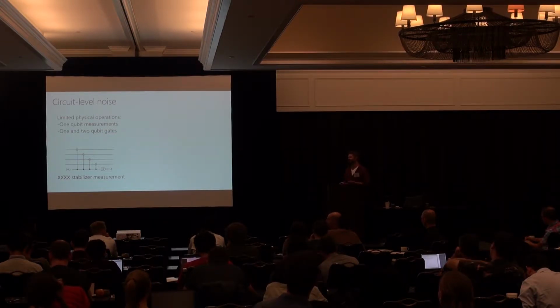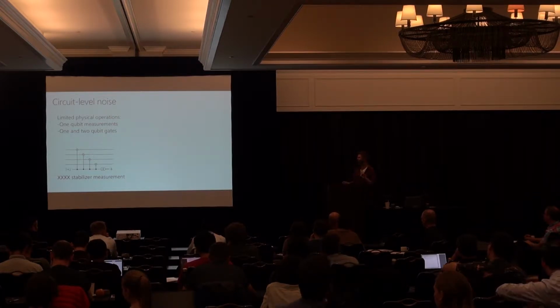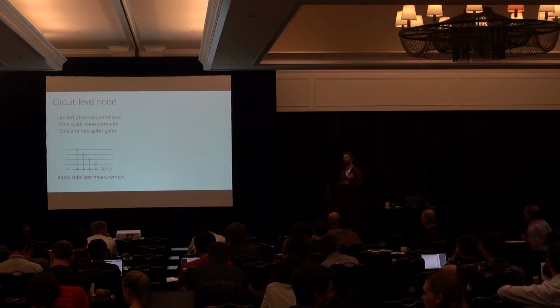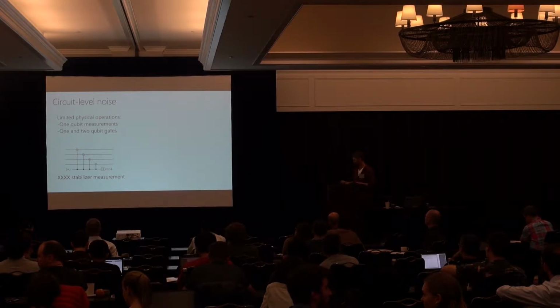It makes a lot more sense to go all the way down to the detail level of how you will actually measure your stabilizers. Probably in most schemes, you will introduce ancilla qubits. You will use basic gates to couple those ancilla qubits to the qubits you want to measure. And your noise model should really reflect this.